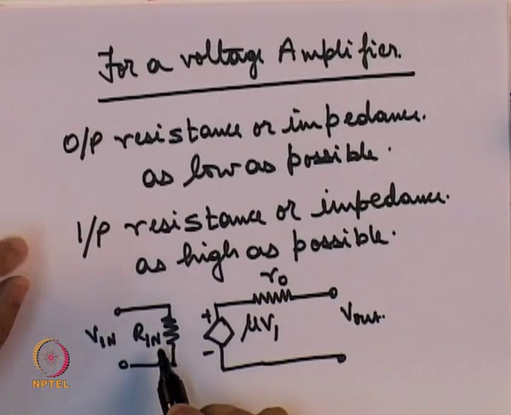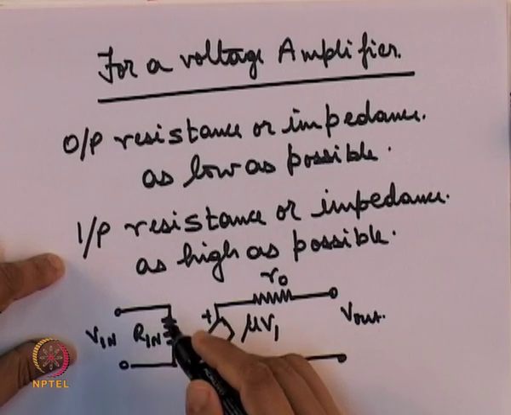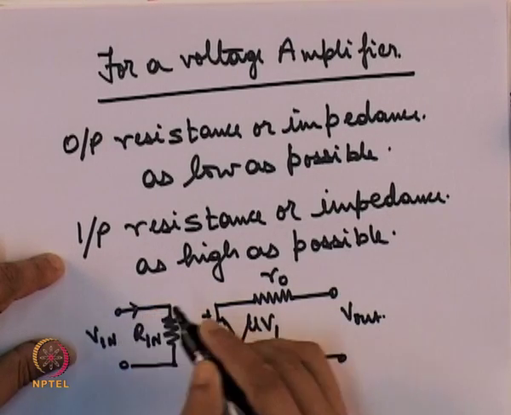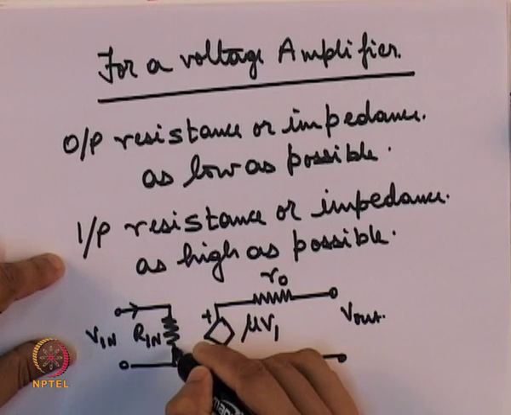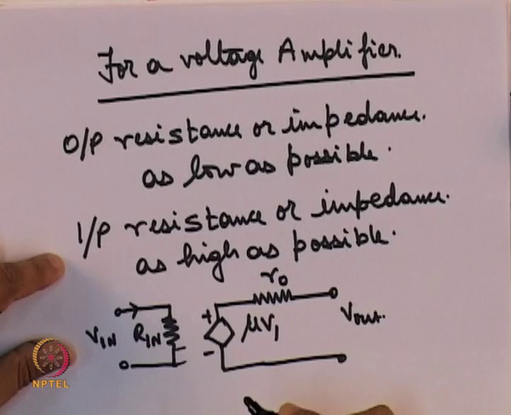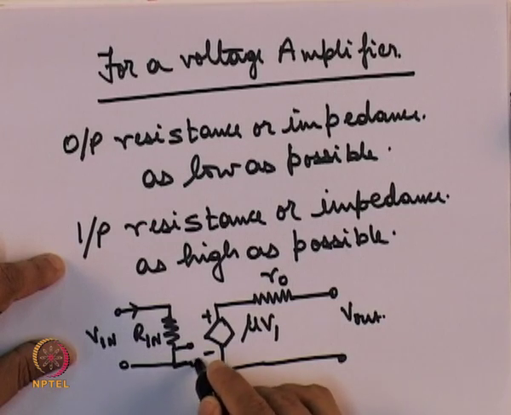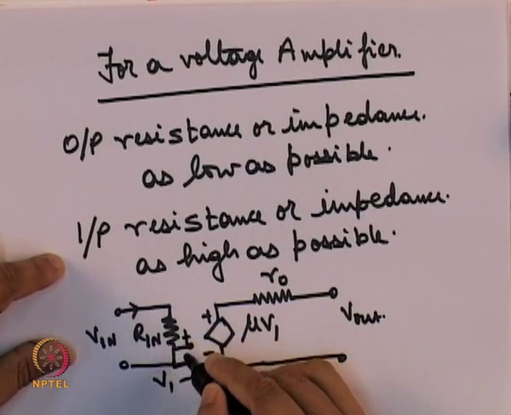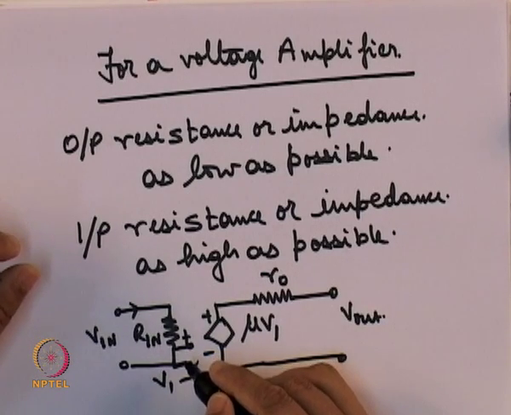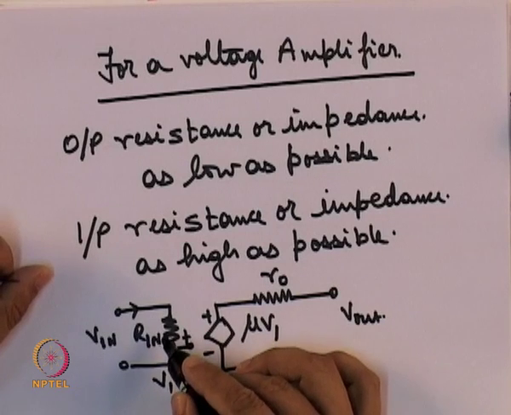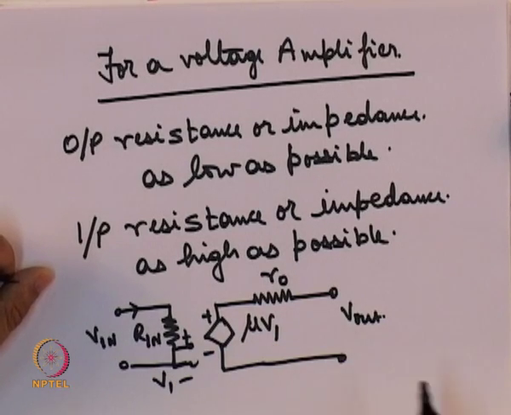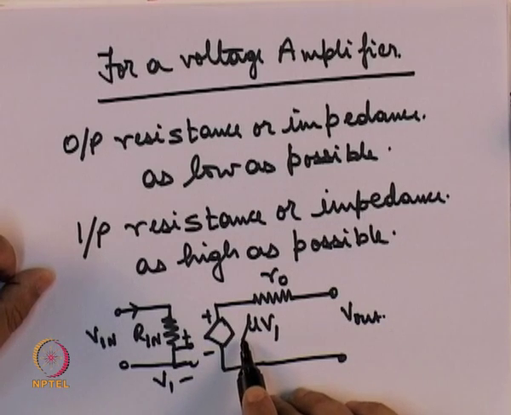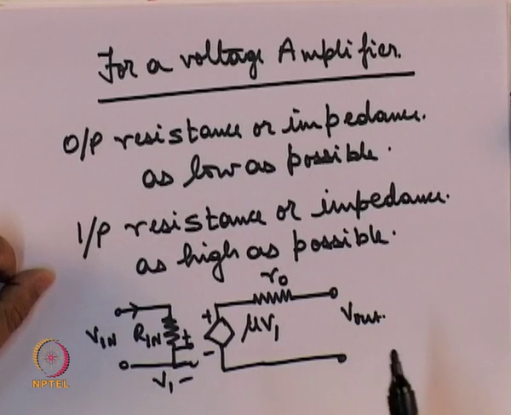Now, the reason this R in should be as high as possible is because we want the entire V in to appear at the input. Actually, I should have mentioned, V1 is the voltage that is actually appearing inside of the amplifier, removed from R in, and the voltage dependent voltage source produces an output mu V1, which is proportional to this voltage V1.